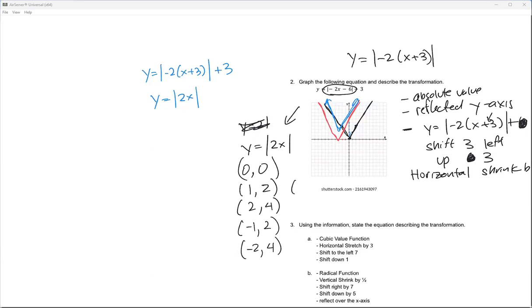So as long as I just keep this portion here, we can reflect over the y-axis. You can keep it -2 if you want. If you want to do that, that's fine, right? But I don't like working with negatives because I tend to make a mistake. That's why I was just like, let's just keep the 2x, and then you can reflect it, and then shift it left 3 and up 3. All right, so that's where I got that from.